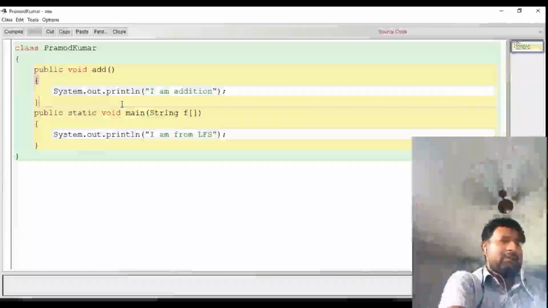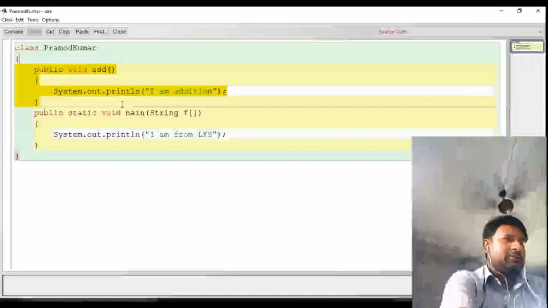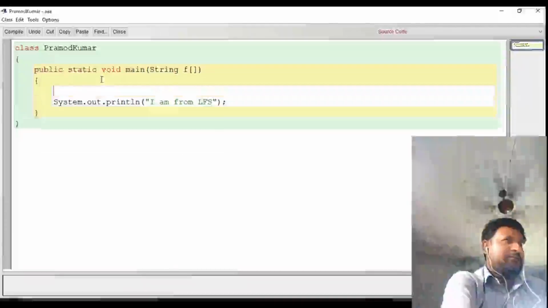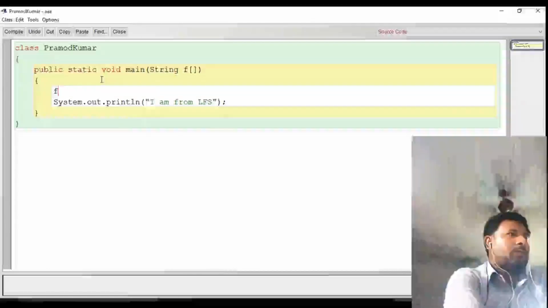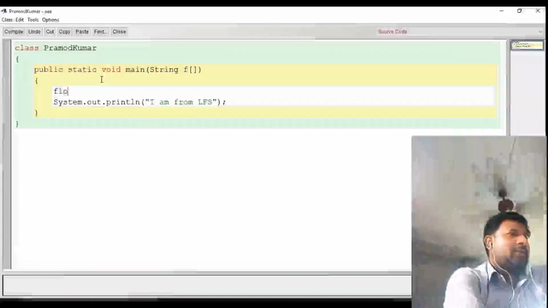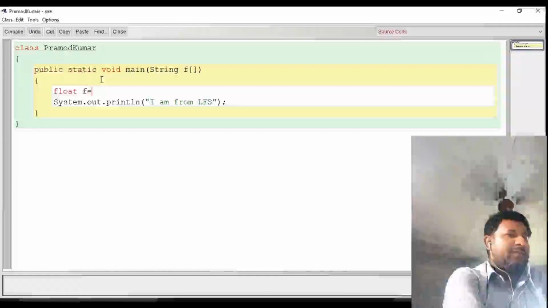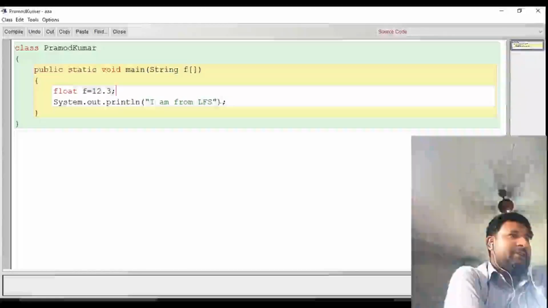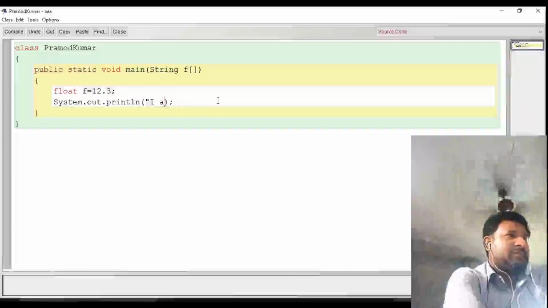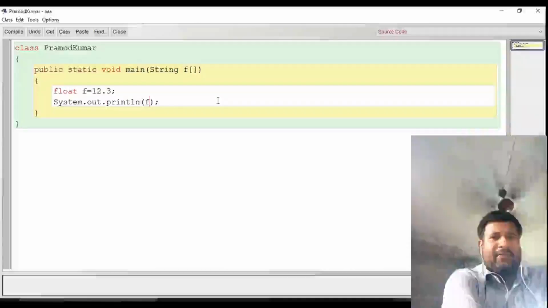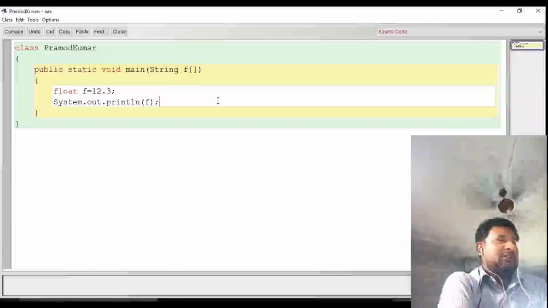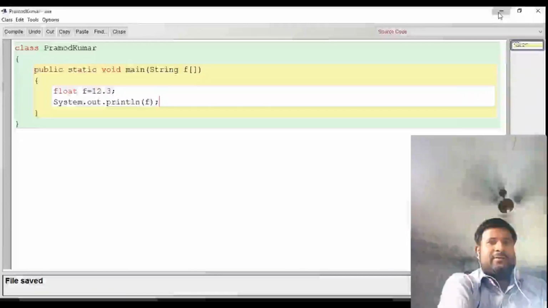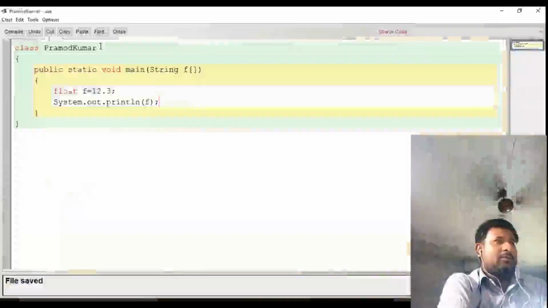I remove the previous code because there is no need for it. Now I write float f equal to 12.3, and I am going to print this f. Then compile it here, and after that run this code.